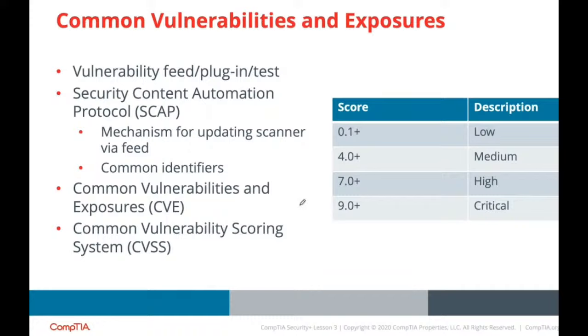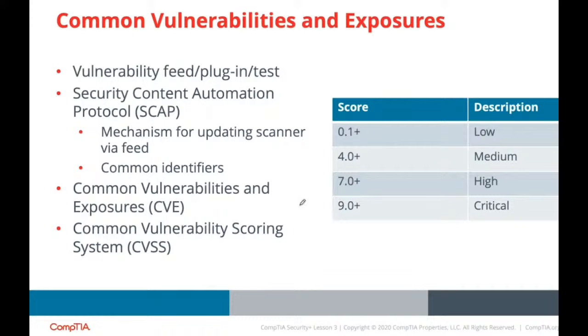Vulnerability feeds make use of common identifiers to facilitate the sharing of intelligence data across different platforms. Many vulnerability scanners use the Security Content Automation Protocol, SCAP, to obtain the feed or plugin updates, as well as providing a mechanism for distributing a feed.